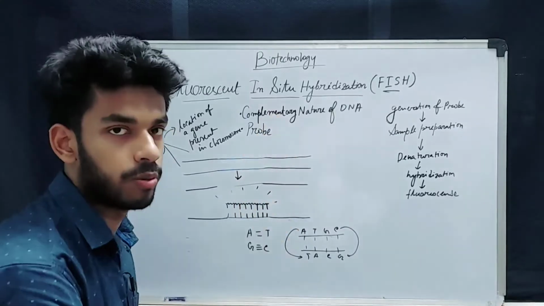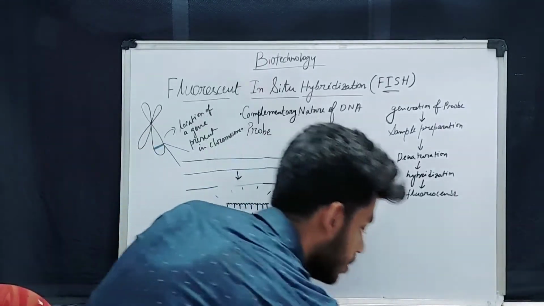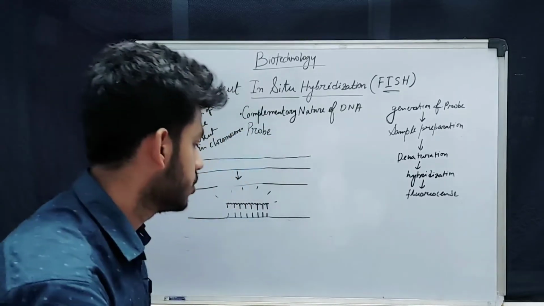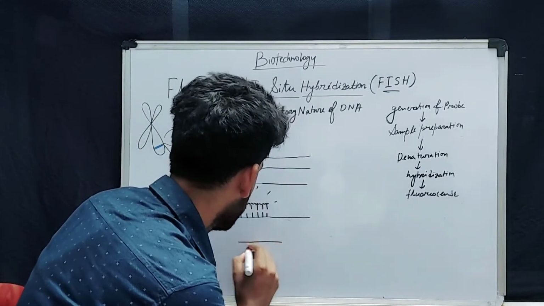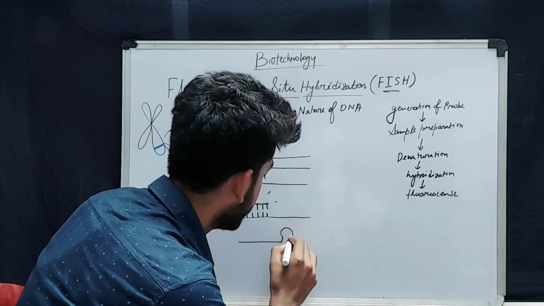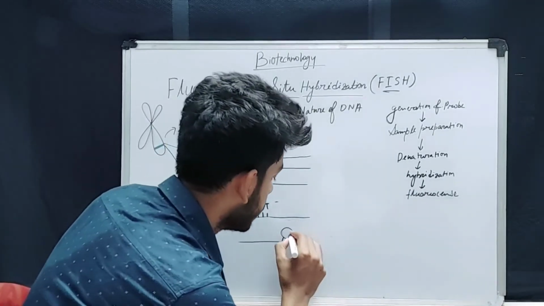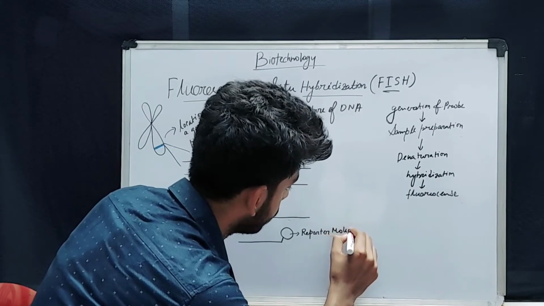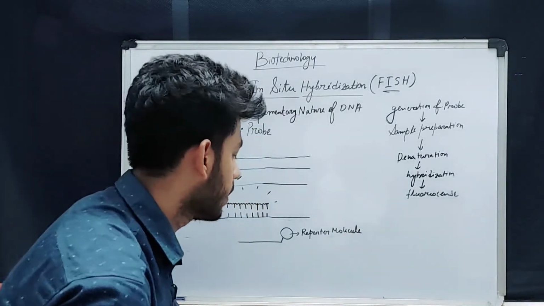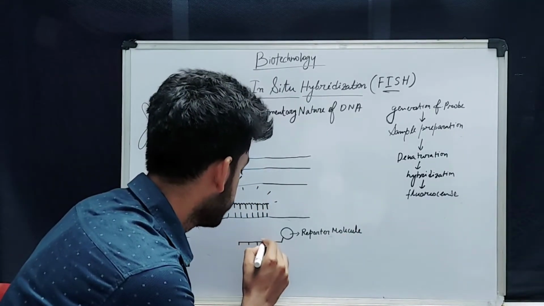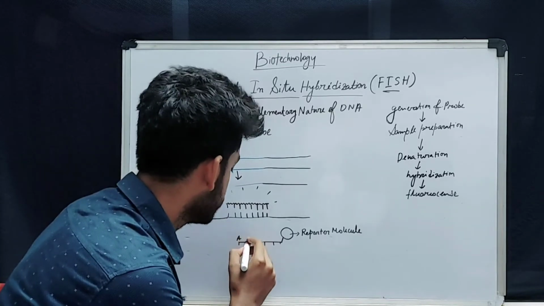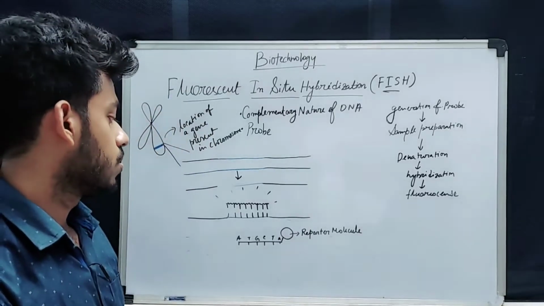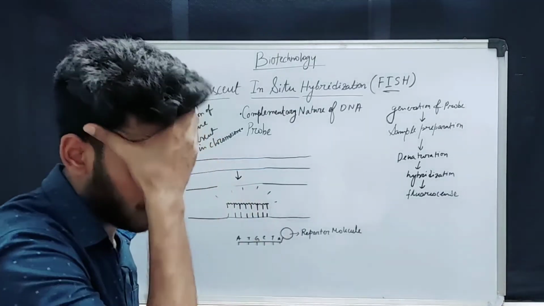Then the next concept is the probe. What is a probe? A probe is a short stretch of DNA sequence attached to a reporter molecule. So if this is a base and this is the sequence, the probe can be developed in two ways.